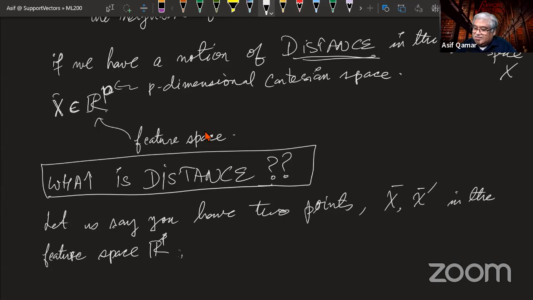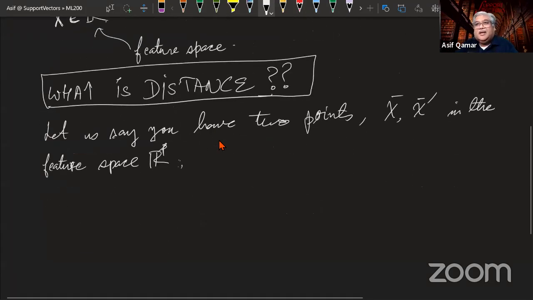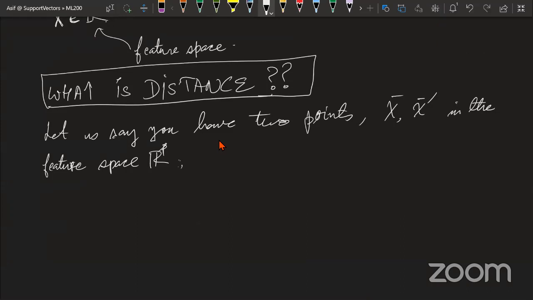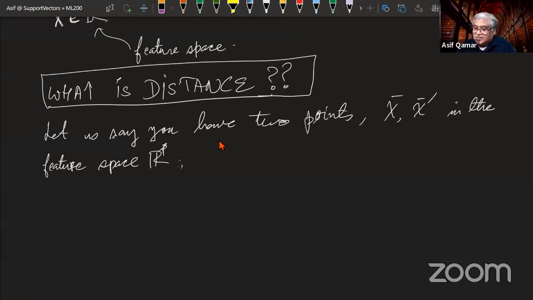Then what is a good notion of distance? What is the distance between x and x prime? Anybody would like to say? The subtraction of the x-axis square plus subtraction of y-axis square root. Yeah, Pythagorean distance.